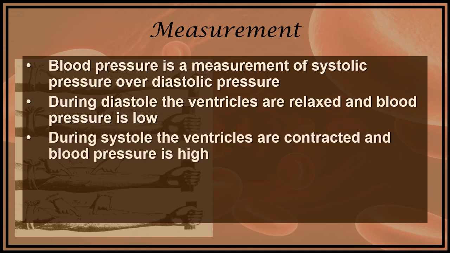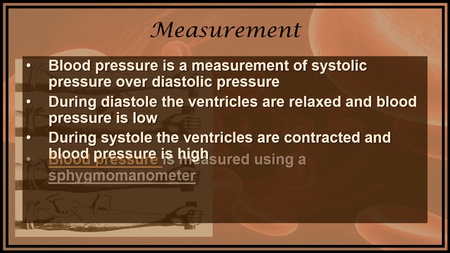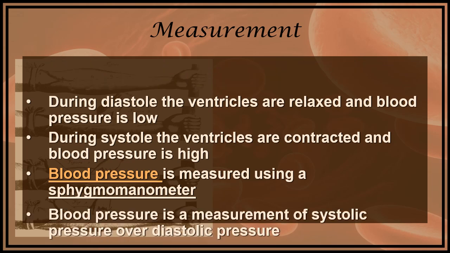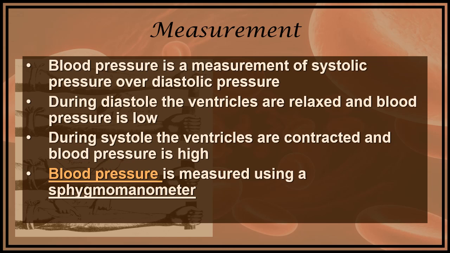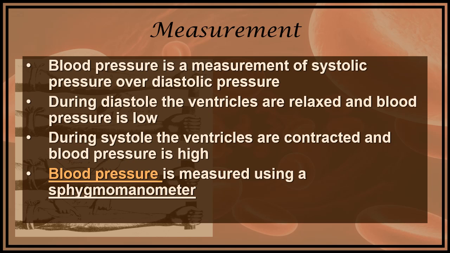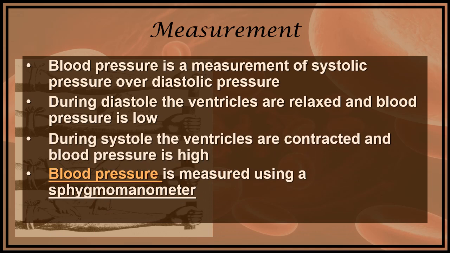During systole, or systolic pressure, this is when they're contracted and it's at its highest. Blood pressure is measured using a sphygmomanometer, and you'll see two numbers, so it is systolic over the diastolic. And so you have the high pressure over the low pressure.